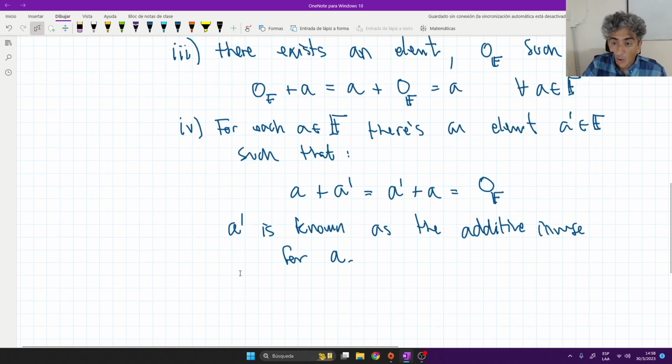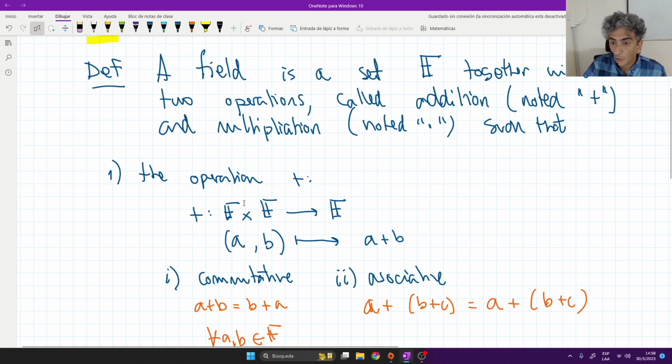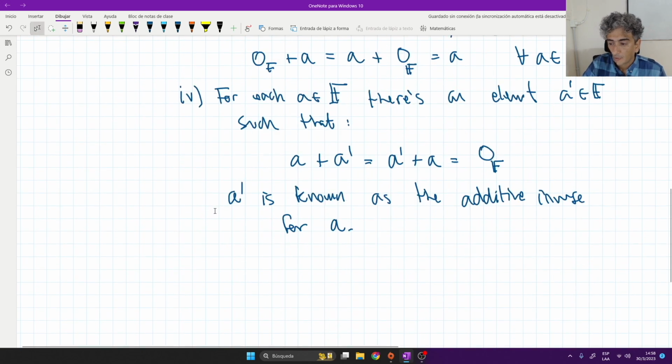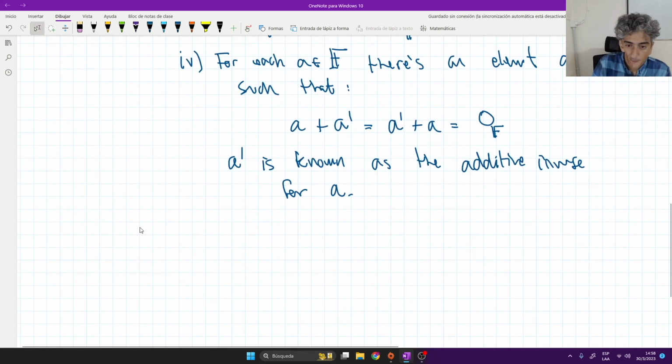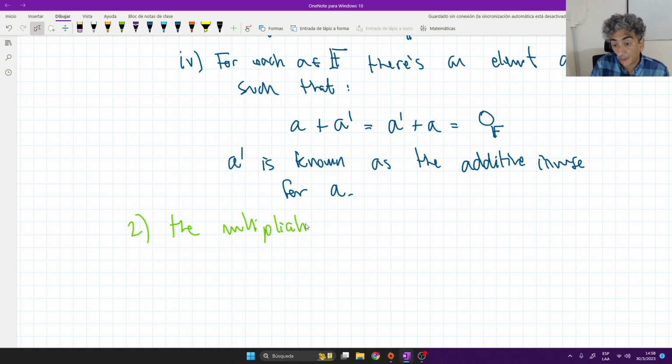And so we were saying that we have addition and we also have multiplication. We're going to speak some things about multiplication now. So two, the multiplication operation.